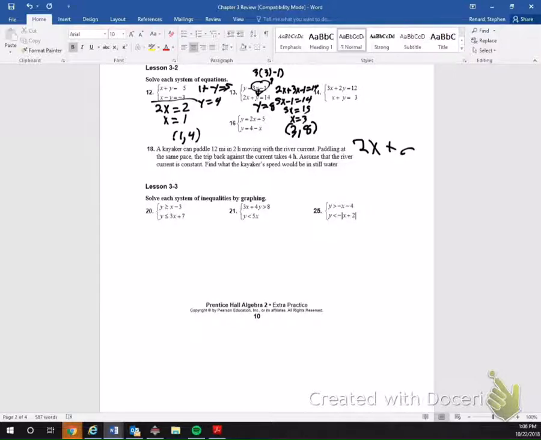Okay, so x is, look over here on the left, x is paddle speed, and y is river speed.